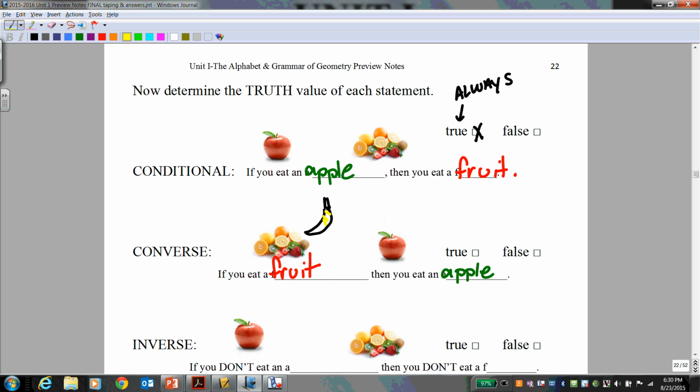And if you ate a banana, you're not eating an apple. So if you find one exception to the truth statement, we have to say it's false. You say, but wait, what if I am eating an apple and an apple is a fruit? But in this case, if there is a single exception, we have to call it false. So if you eat a fruit, then you eat an apple, logically is a false statement because there's exceptions to that. You could be eating a kiwi fruit or a strawberry or a banana or a pineapple. You understand? So we have to say it's false.